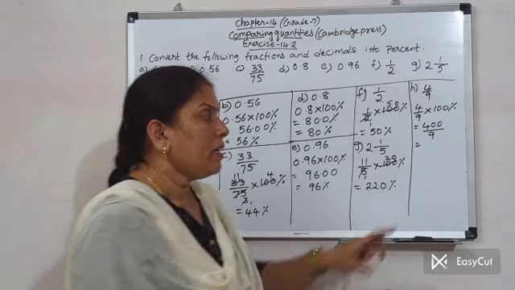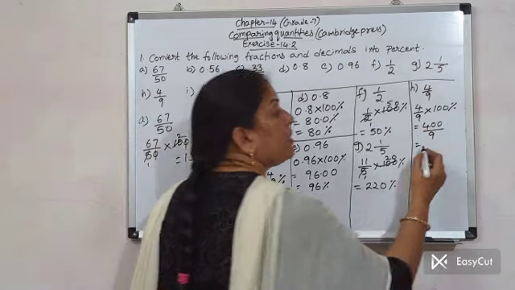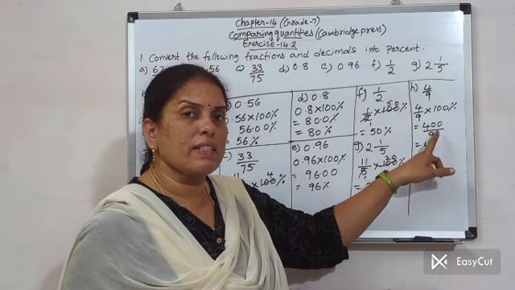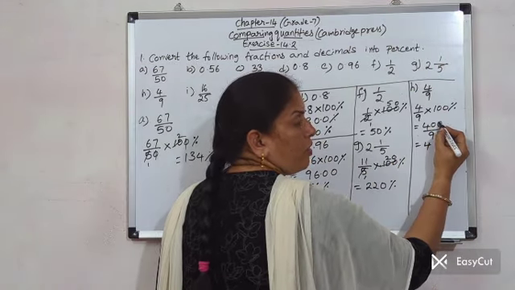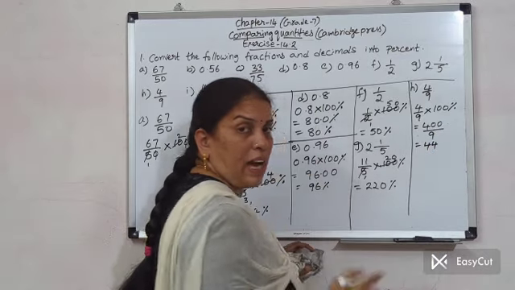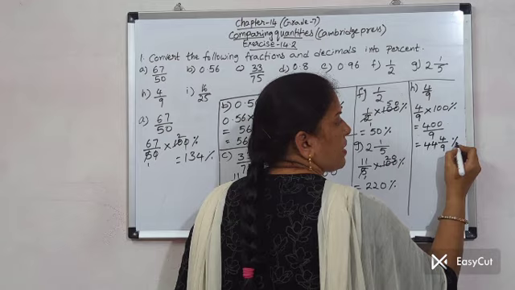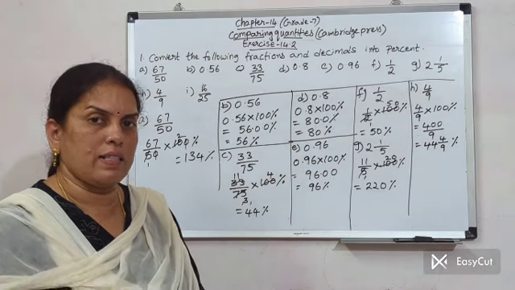See here, how many times does 9 divide into 40? 9 fours are 36. 40 minus 36 is 4. 4 will be here. Again 40, 9 fours are 36, again 4 will remain. 44 4 by 9% is the answer.